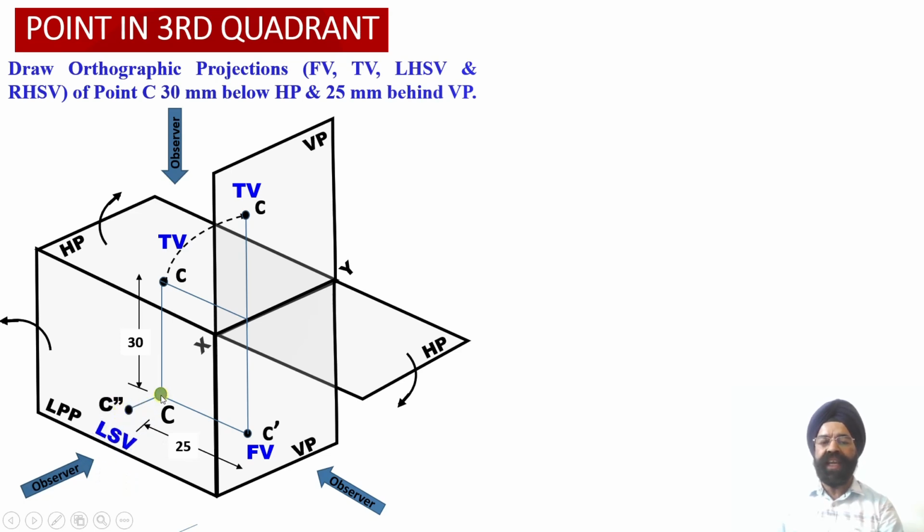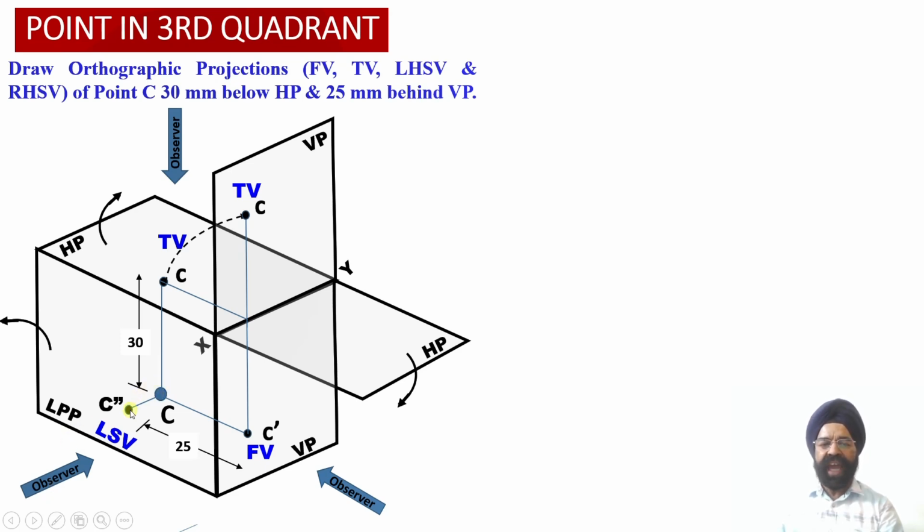That is, the side view projections of this point C will be available onto the left hand side view profile plane. And once again, we have this left profile plane falling in between this observer and this object over here.